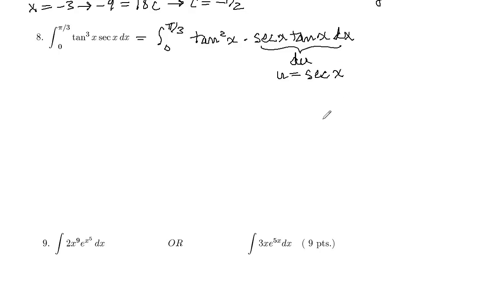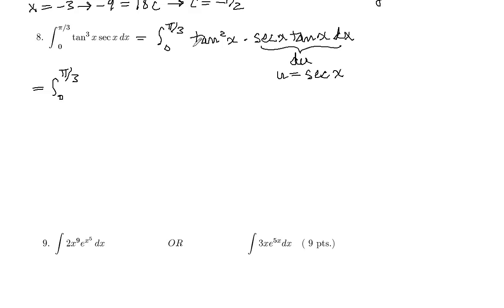And then we have to write tangent squared in terms of secant, because you have to have everything in secants. So this will be the integral from 0 to pi over 3, and remember, tangent squared is secant squared minus 1.